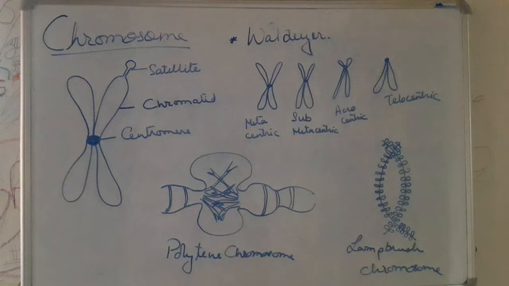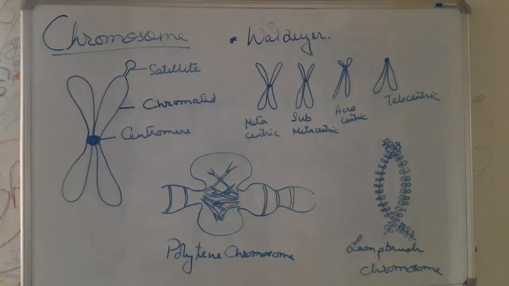Now, the polytene chromosome was first reported by E.G. Balbiani in the year 1881 in the salivary gland of insects, for which it is also known as the salivary gland chromosome. It reaches a length of about 2000 micrometer, and it is formed by somatic pairing between the homologous chromosomes.